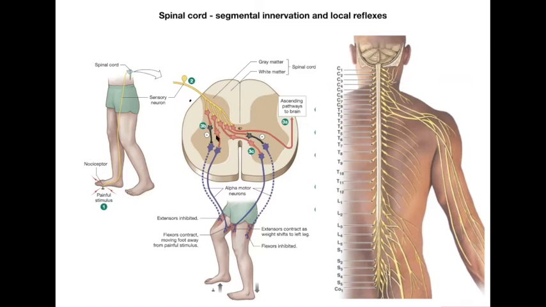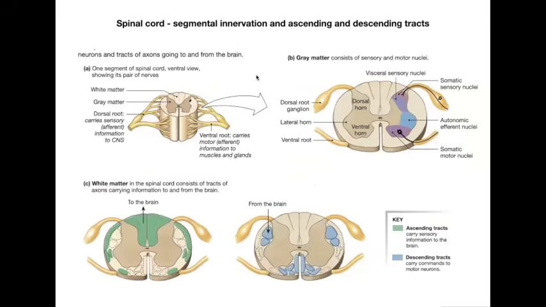So it was a very local kind of reflex, just covering the segment of the body that it was covering. So this is your spinal cord. And you had those nuclei covering that area of the body, sensory nuclei getting information from that area, and motor nuclei more or less controlling it. And that's pretty much all it was doing, these really simple reflexes.